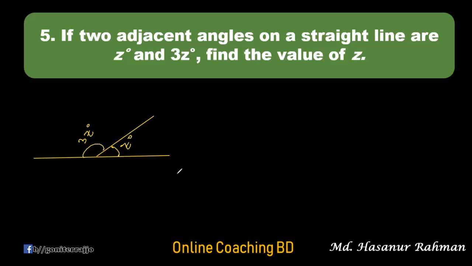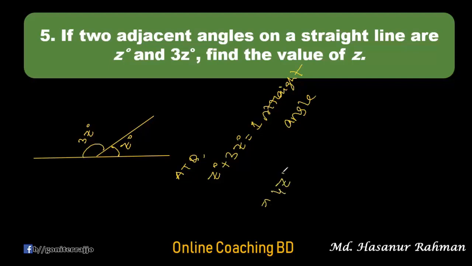That means according to the question we can say z degree plus 3z degree equal to one straight angle. So what is the value of one straight angle? That is 180 degree. So we can say 4z degree should be 180 degree.